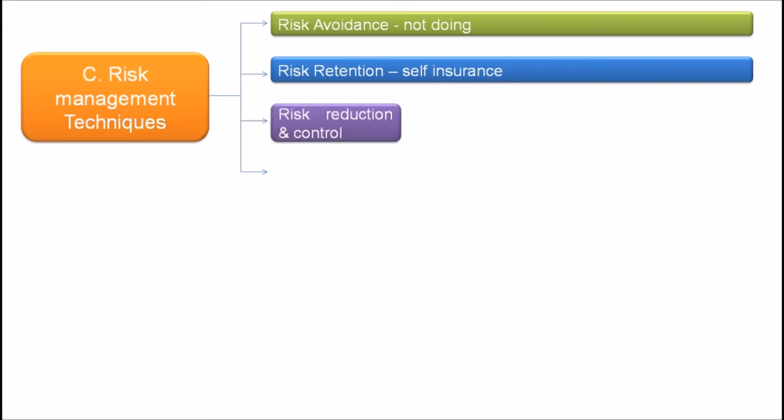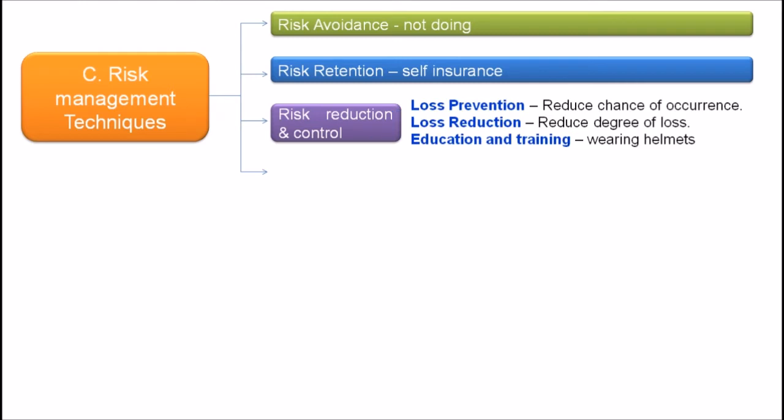Then what else? Risk reduction and control. What are the ways available? Yes, you can reduce the risk by loss prevention. Reduce the chance of occurrence. What is loss prevention? You are preventing loss, that means the chance of occurrence. For example, if you follow traffic rules, your loss will be prevented. That means chances of occurrence are reduced. Loss prevention says that reducing the chance of occurrence is known as loss prevention.